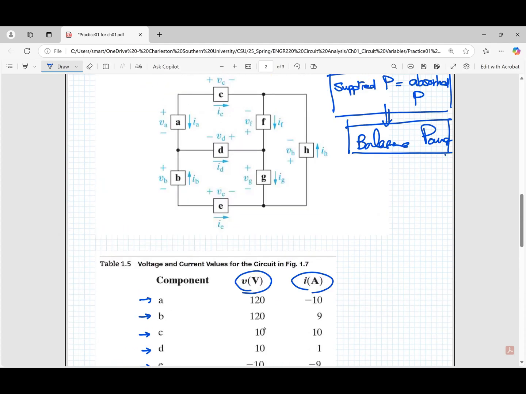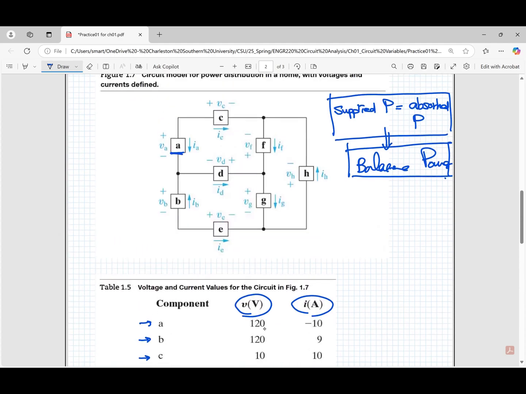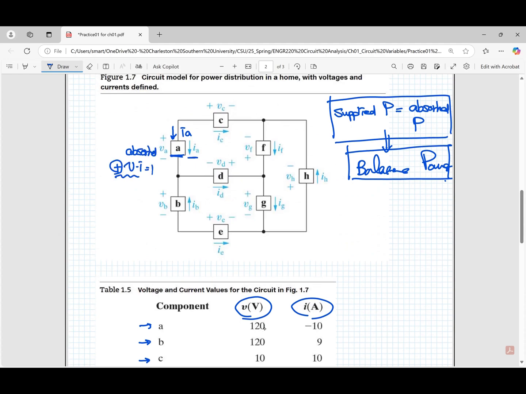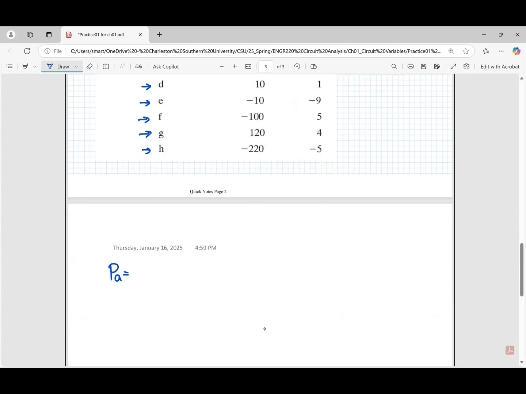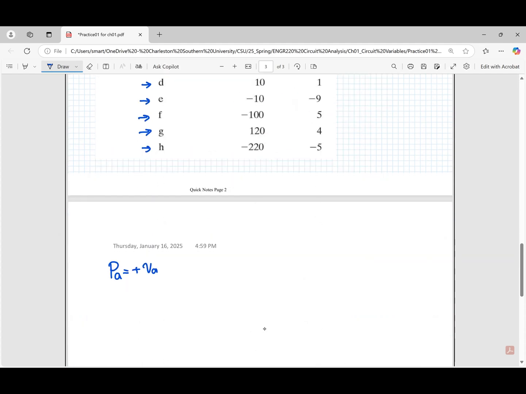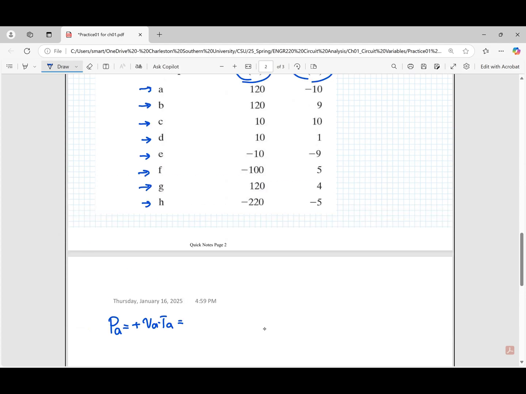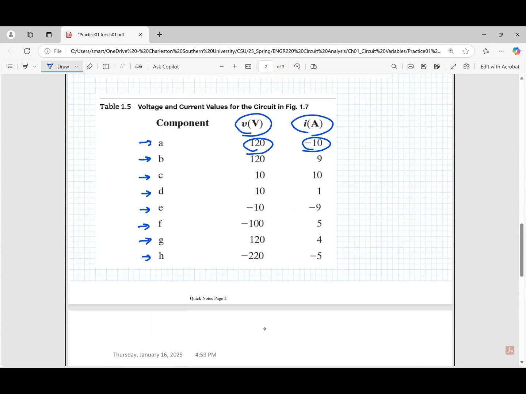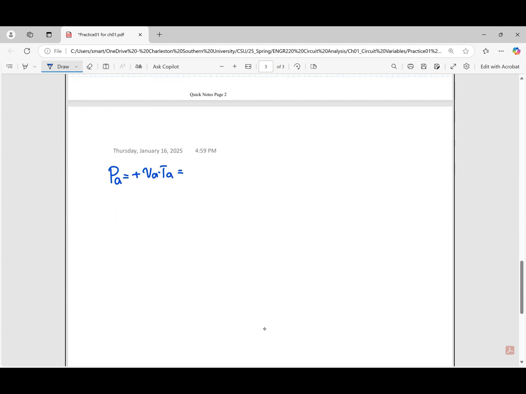Where is component A? It's right there. So the current I sub A enters the component, right? That was absorbing, which means P equals plus V times I. This is P sub A, plus V sub A and I sub A. What are V sub A and I sub A? 120 and minus 10. 120 times minus 10. That was minus 1,200 watts.